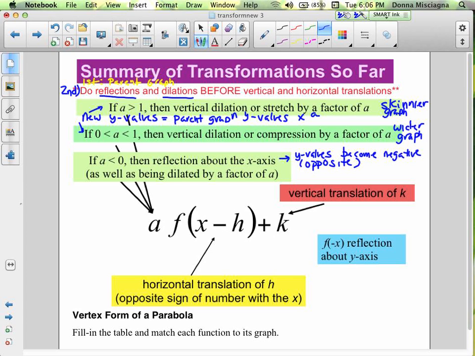All right, so here we have all of our transformations. A here is what's going to vertically stretch or compress the graph.